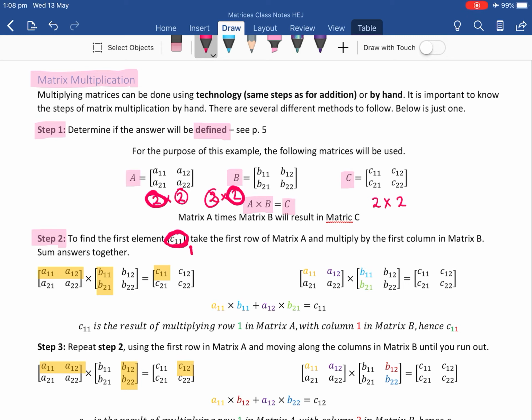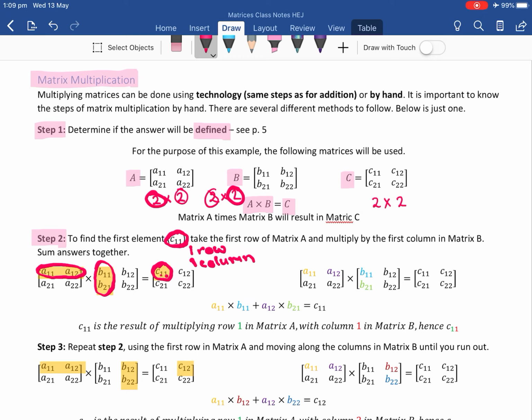It means first row, first column of C. To find what number goes there when you're multiplying A and B, you need to multiply the first row of the first matrix by the first column of the other one.